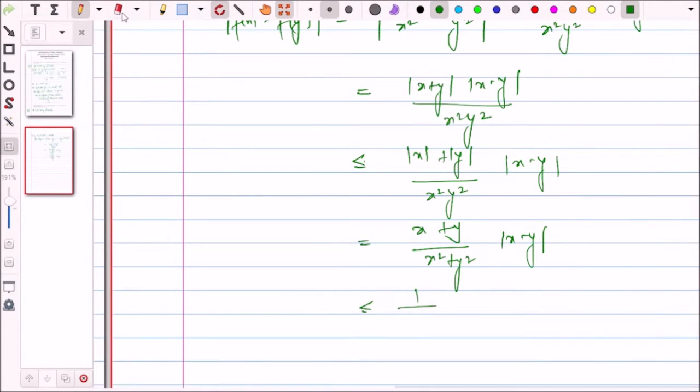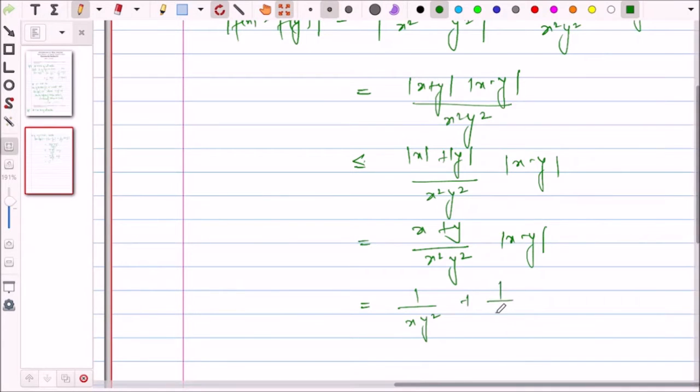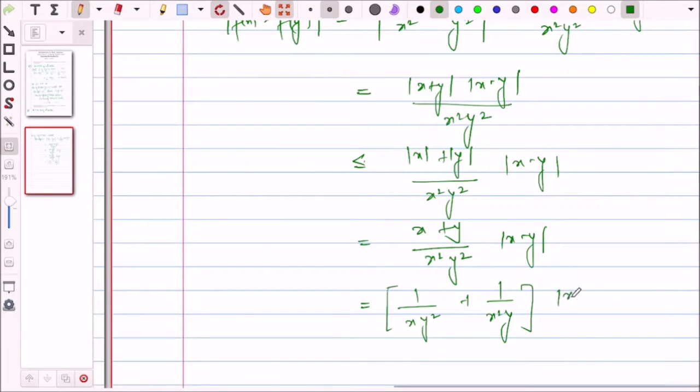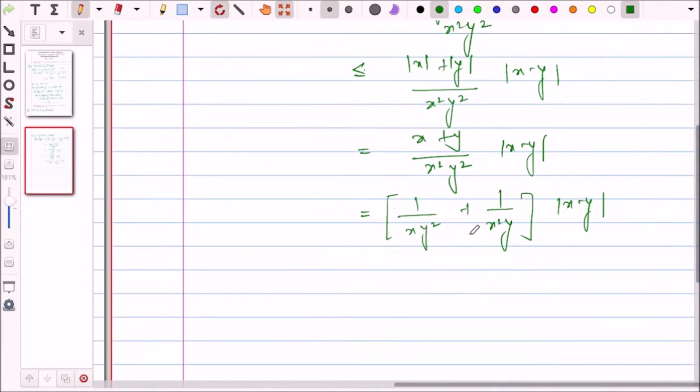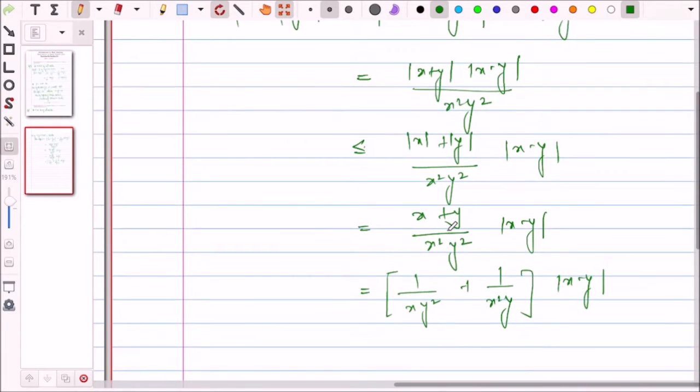This is still equal to, sorry, this is plus, 1/(xy²) + 1/(x²y), times |x - y|. Now, because both x and y are greater than or equal to 1, when we replace x and y by 1, the number will increase because they are in the denominator.